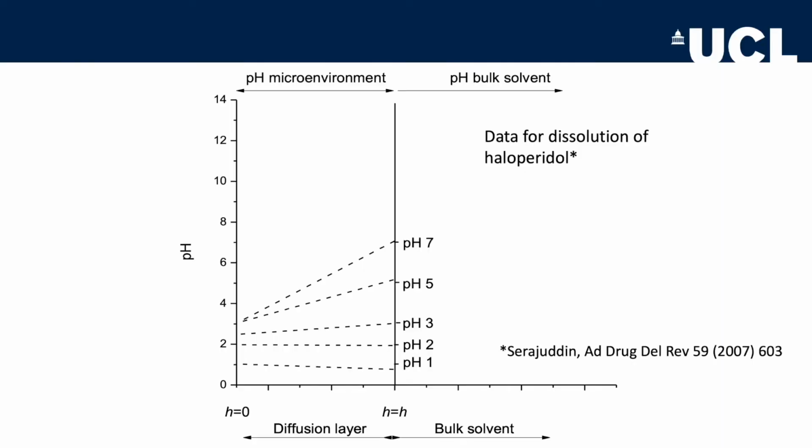Because the drug molecules are not dissolving into buffers at varying pH. The pH of the boundary layer, pHm, is between 1 and 3 in all cases, and the solubility is the same at these values. Remember then that any dissolving solid creates a boundary layer around its surface where the concentration of solute is higher than in bulk solution, and we term this region the boundary layer.